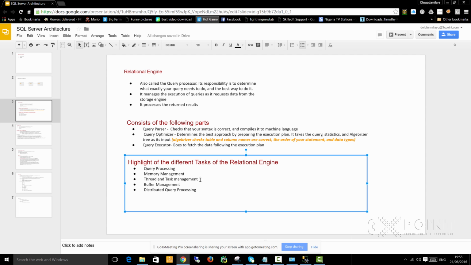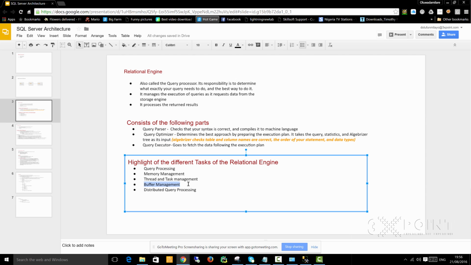So at the point where SQL Server started introducing these things into the relational engine, that's where the management system started becoming very, very mature and advanced. So all these thread and task management things are very fantastic things that SQL Server does. And obviously this has to do with memory as well, which is the buffer management, because the way SQL Server works is whenever you want to update data, it pulls the data from disk and puts it in memory and does the insert in memory and all the DML before it gets written back to disk.